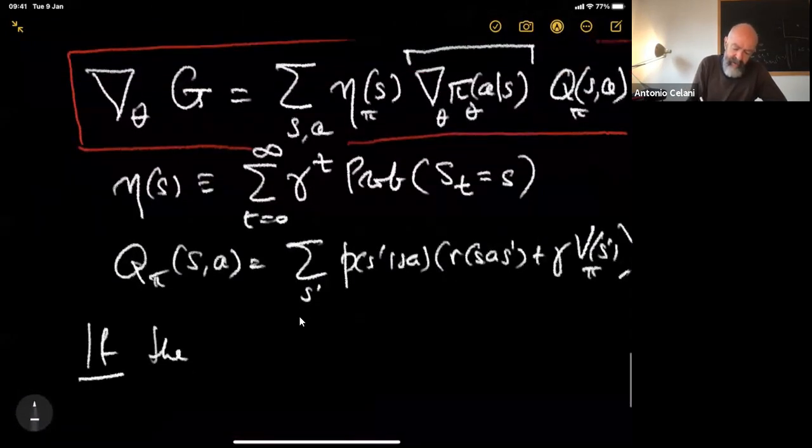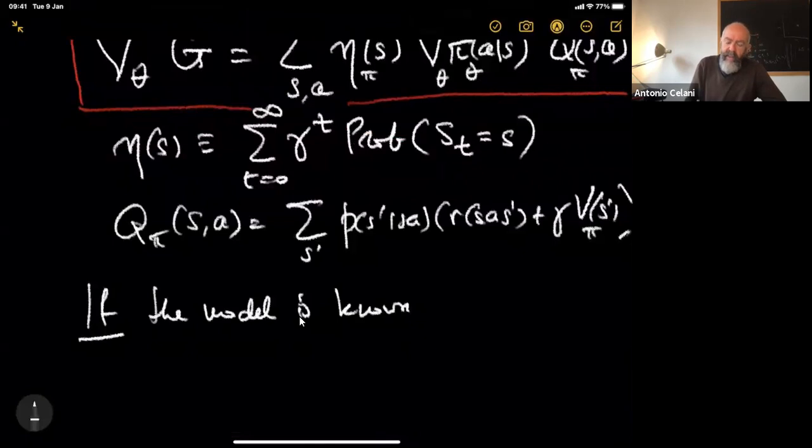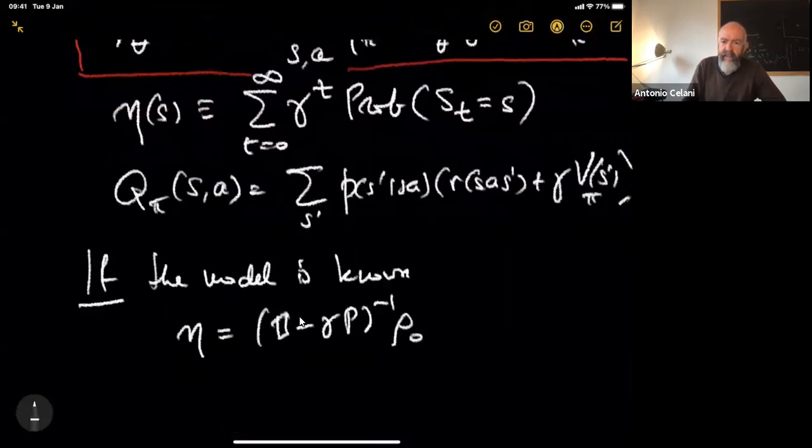If the model is known, then we can compute eta simply through its definition, which is the identity matrix minus gamma P to the minus 1 times the initial distribution rho naught. And this is a linear operation, and we could compute Q from its definition.